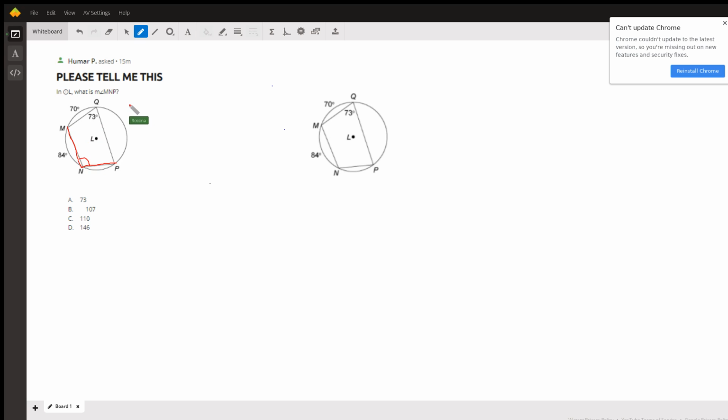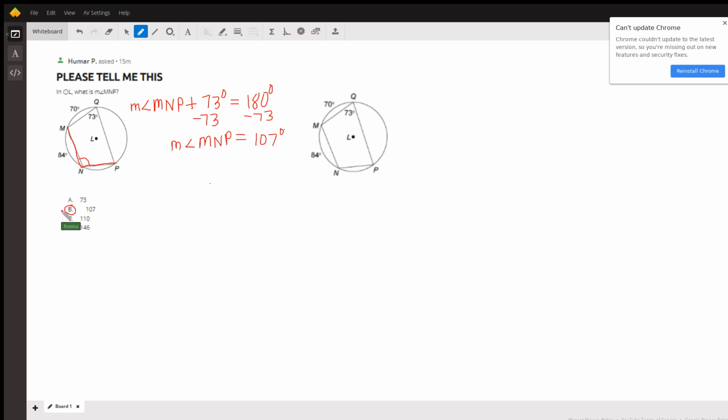So what that means is that the measure of angle MNP plus 73 degrees is going to total 180 degrees. Now that being said, this is so easy to solve. We just solve this like an equation, and we get the measure of angle MNP equals 107 degrees, and you're done.